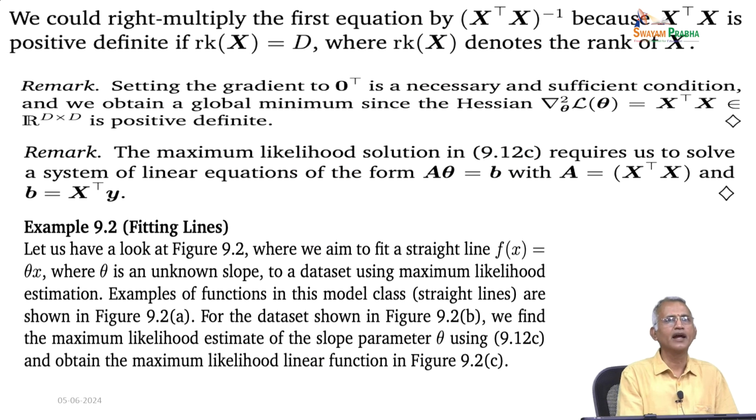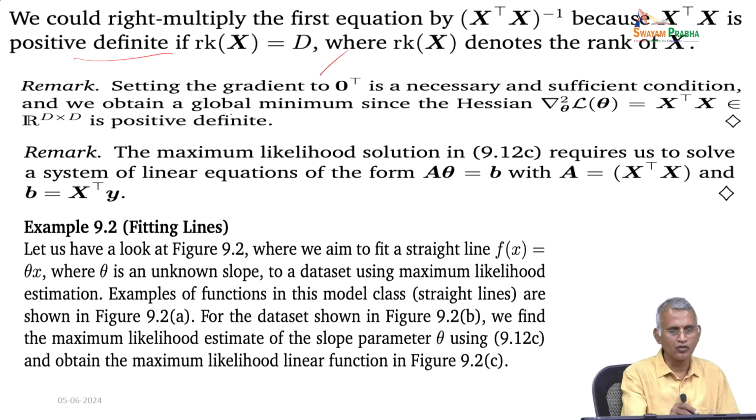So, we could multiply the first equation by (x transpose x) inverse, because x transpose x is positive definite if rank of x equals d, where rank of x denotes the rank of x. Note, setting the gradient to 0 is a necessary and sufficient condition.